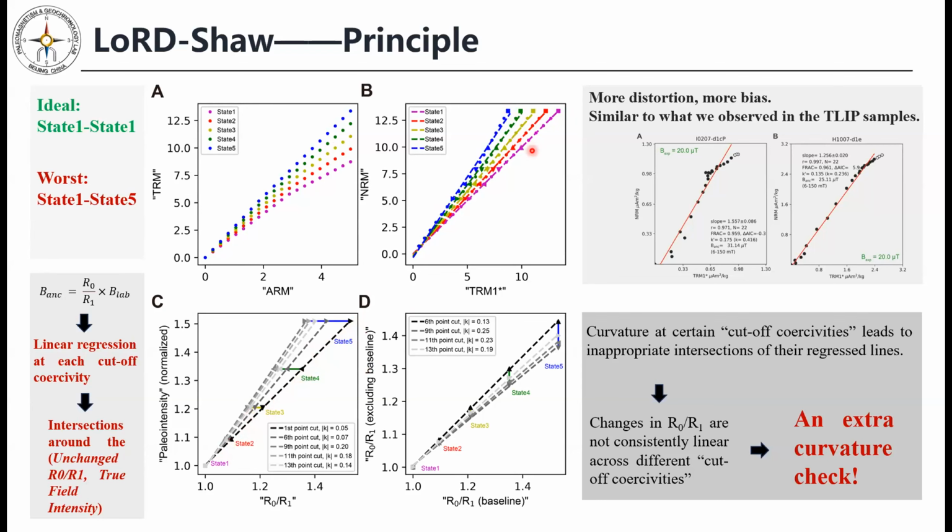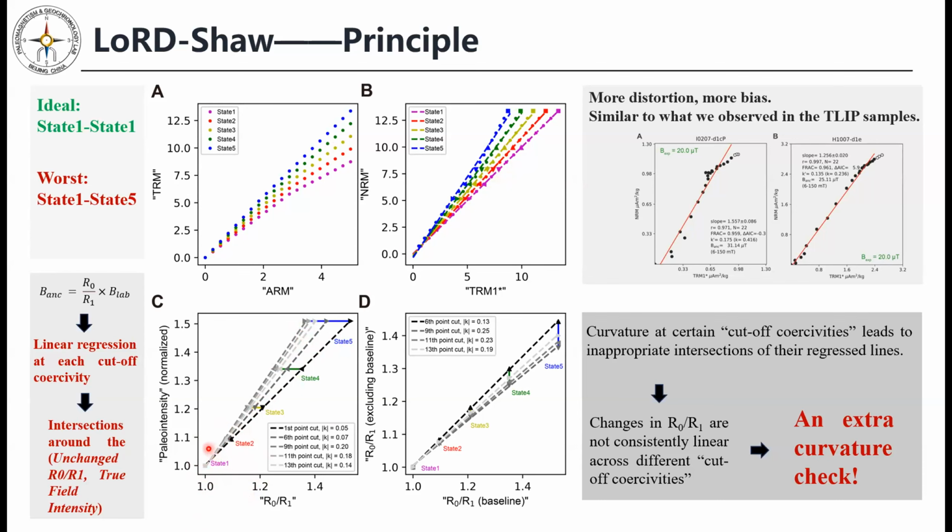After that, we select another cutoff coercivity here, and we get another line, which is the dark gray line. So we can have many lines like this, and we have some intersection points. Because in the most ideal case, it will have a constant R over its whole coercivity range, like here, all these lines should be centered around the unchanged R before and after heating and the true field intensity. So we can use this way to calculate the accurate paleointensities.